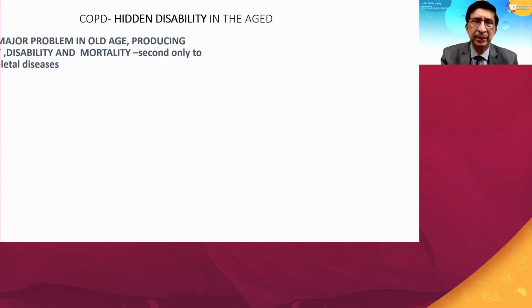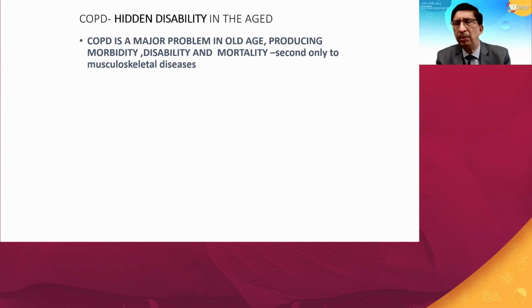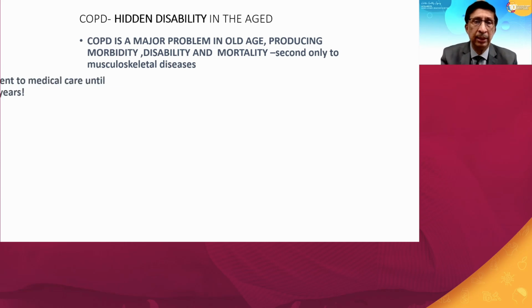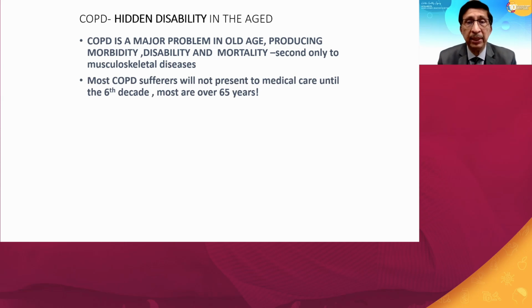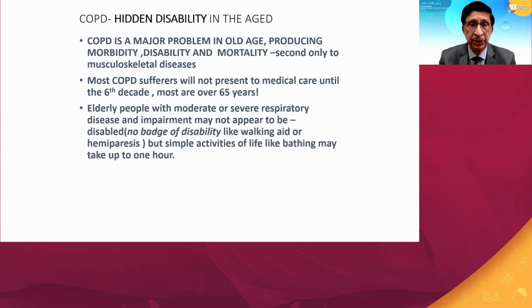Now, COPD or chronic obstructive airway disease is a hidden disability in the aged. It's a major problem of old age, producing morbidity, disability, and mortality, and second only to musculoskeletal diseases in causing these problems in old age. Most COPD sufferers will not present to medical care until the 60th decade, and the majority are over 65 years of age.